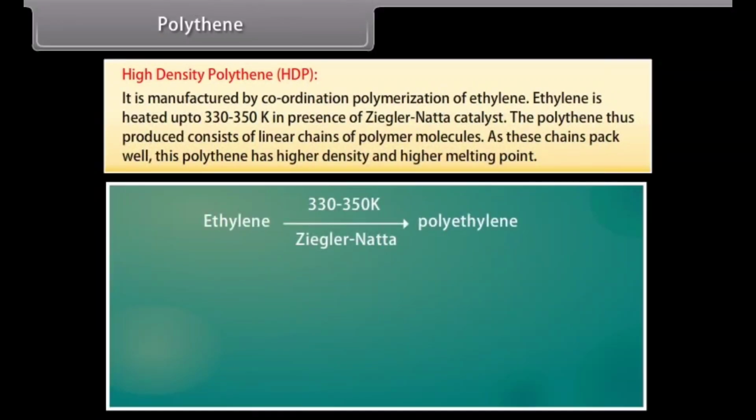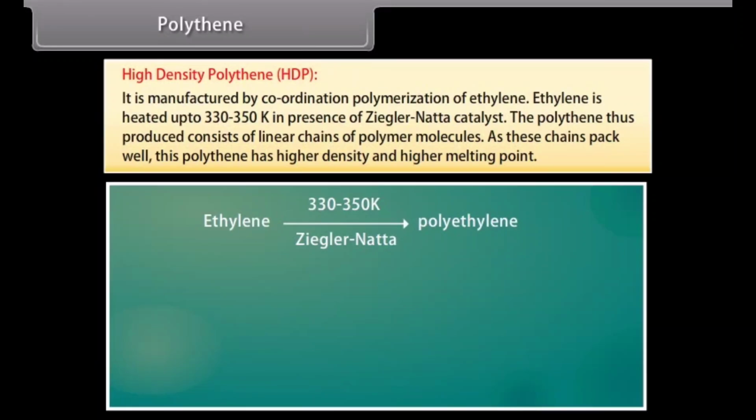High-density polythene. It is manufactured by coordination polymerization of ethylene. Ethylene is heated up to 330 to 350 Kelvin in presence of Ziegler-Natta catalyst. The polythene thus produced consists of linear chains of polymer molecules.